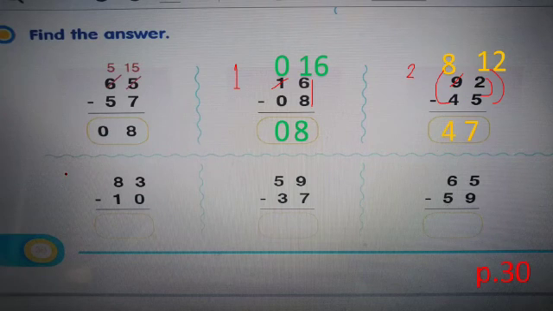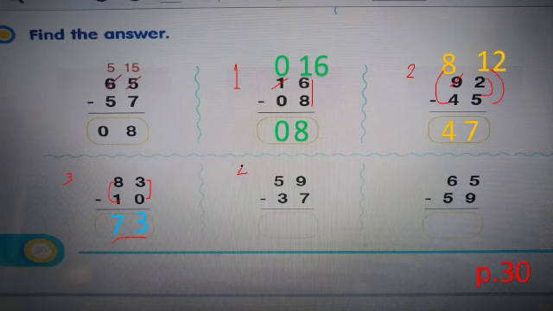Let's move to number 3. 83 minus 10. We start from the ones, we subtract the ones. 3 minus 0, 3, and 8 minus 1 equals 7. So the answer is 73.